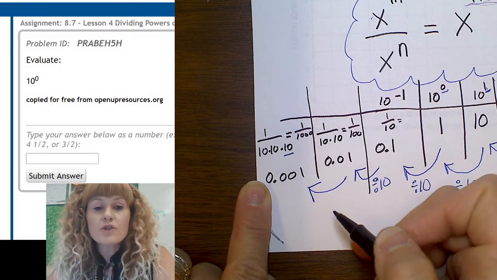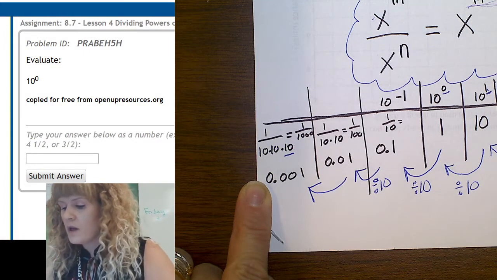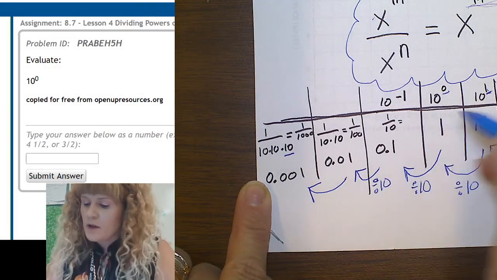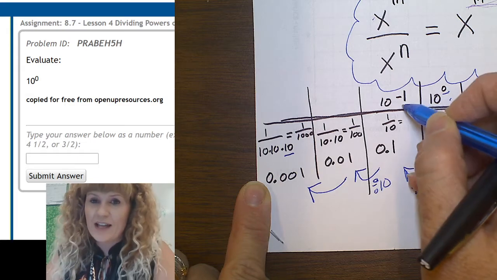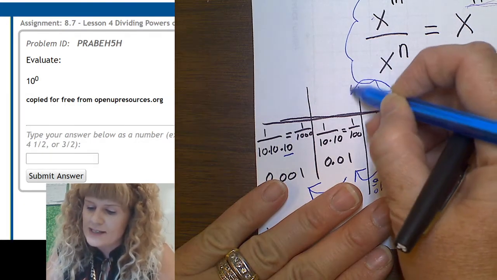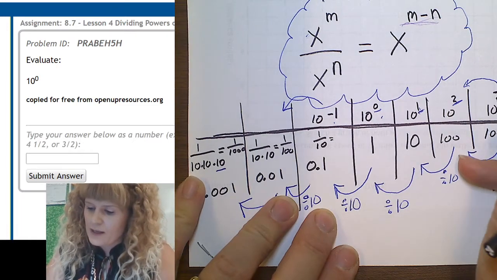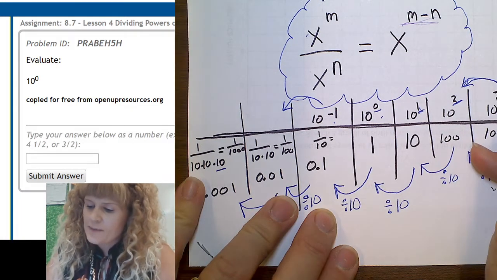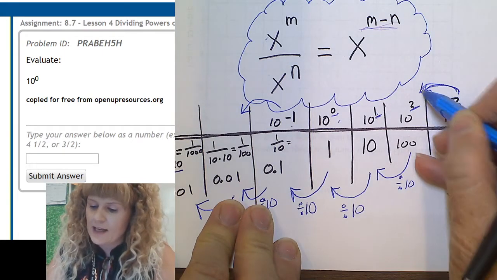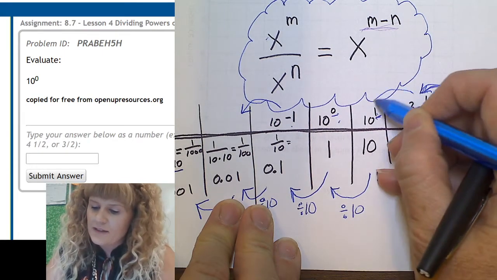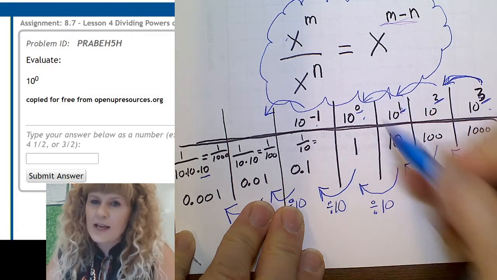Oh, I forgot to write the exponent on top of my little graph here. Oh no. Back up. So that was 10 to the first power, 10 to the 0th power, 10 to the -1 power. What is the next exponent going to be? Well, look back at the beginning of my chart. The exponent was 10 to the third, and then I divided by 10, and I got 10 to the second, and then I divided by 10, and I got 10 to the first, and I divided by 10.